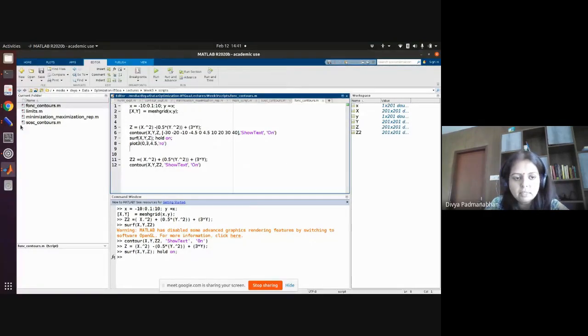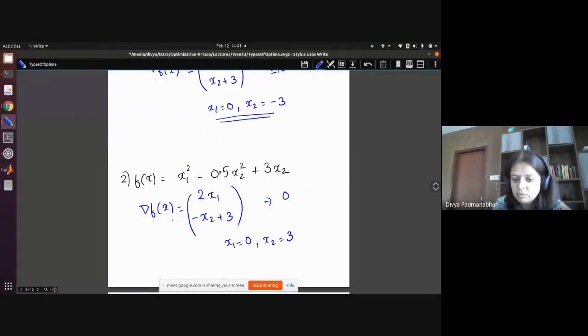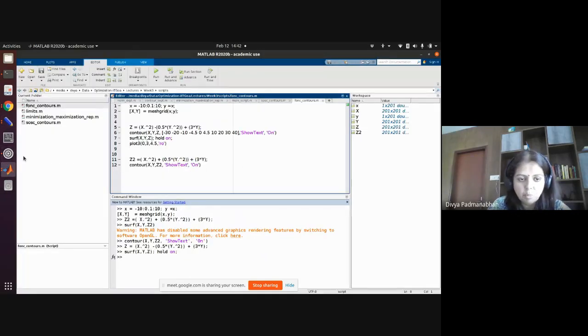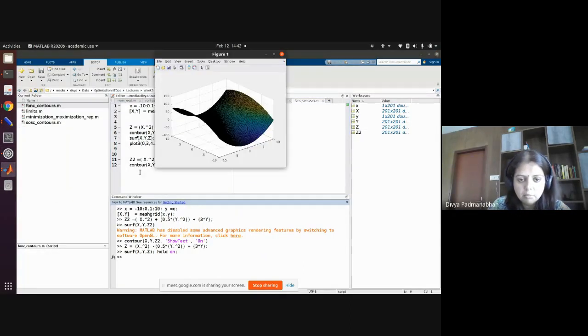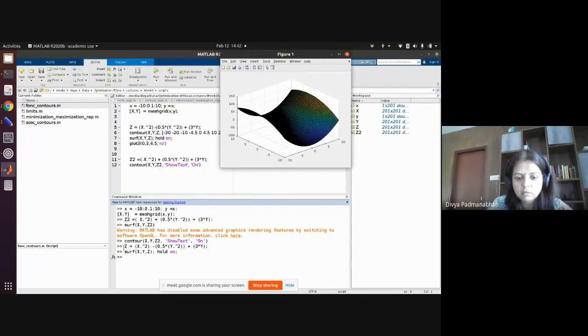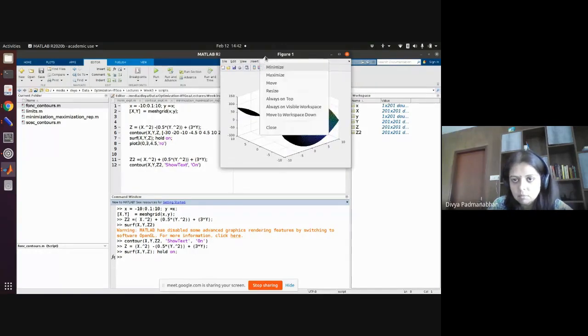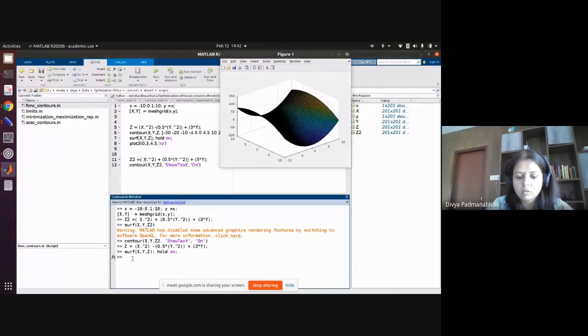For the point (0, 3), if you evaluate the objective value, x1 square is 0, so it's going to give minus half times 9 plus 9, which is 4.5. Let's see where that point fits in.